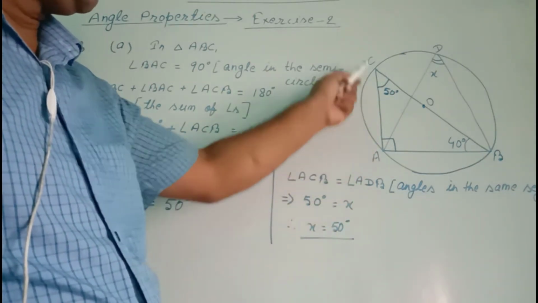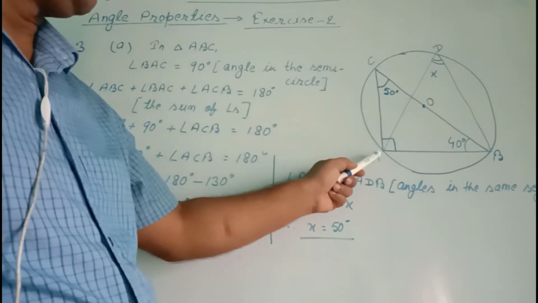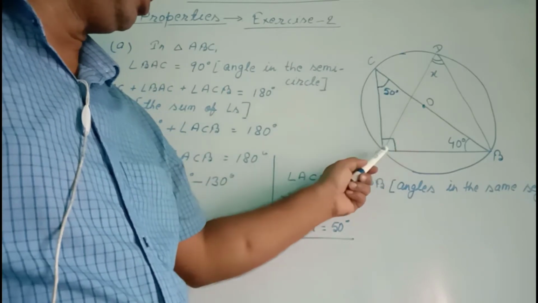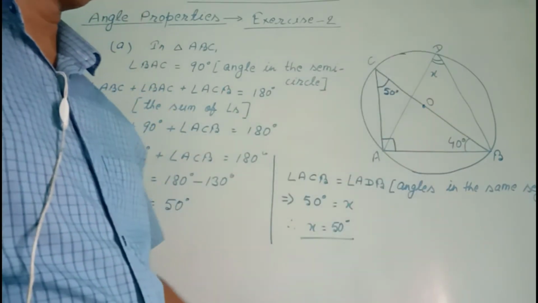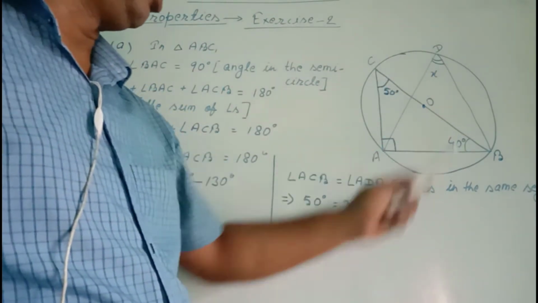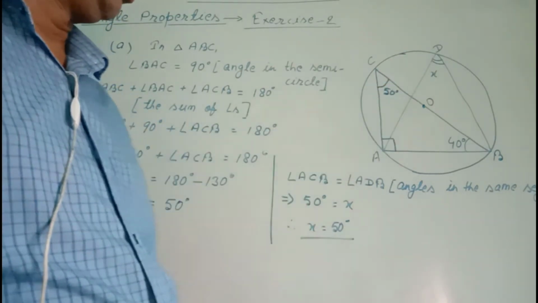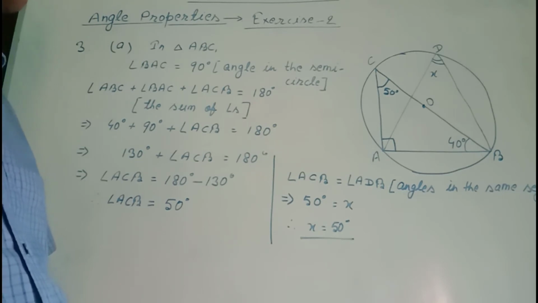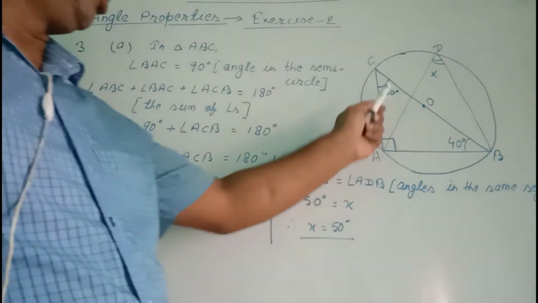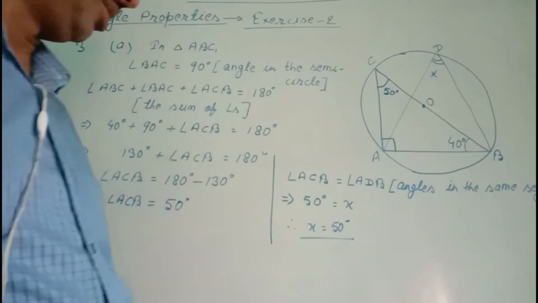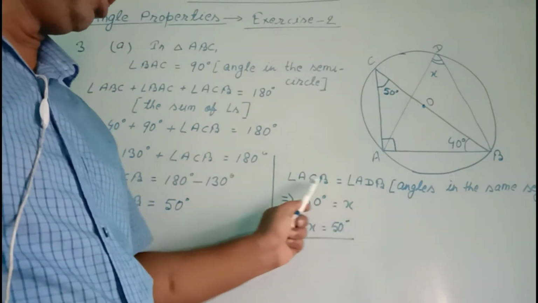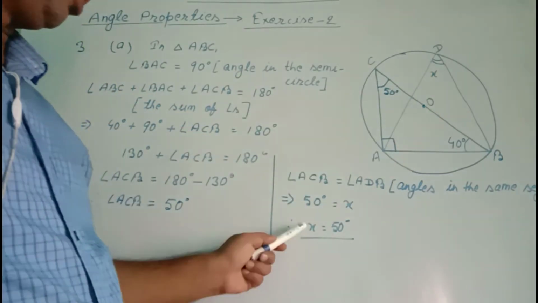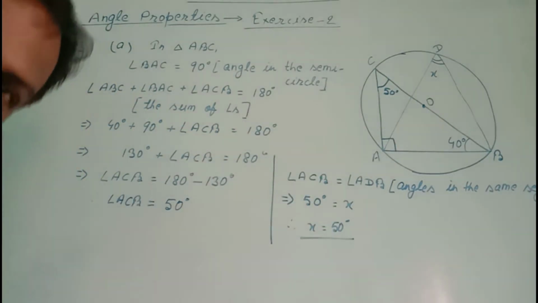This angle is subtended by AC and BC, so the starting points of these two chords are A and B. Similarly, this angle is subtended by the chords AD and BD, and the starting points of these two chords are A and B. So in both cases we find the starting points of these two chords are common, that is A and B. Therefore these two angles are angles in the same segment, and angles in the same segment will be equal. So angle ACB equal to angle ADB, 50 equal to X. Therefore the value of X became 50 degrees.